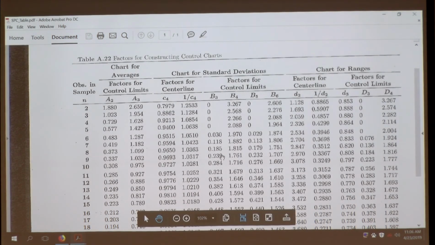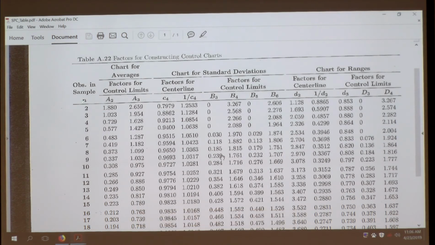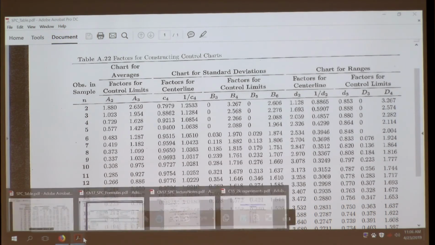When the sample size is different, we are using different A2, A3, or just now we were talking about D2. So these are the factors for the center line. Now we are using the range control chart, so we are using D2. We use the sigma hat estimation divided by D2, and based on different sample sizes, we are going to find different D2 values.